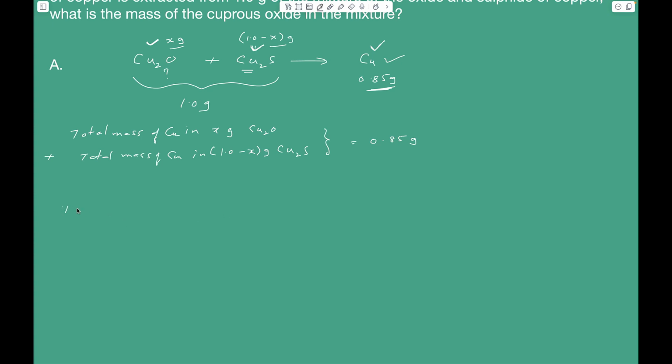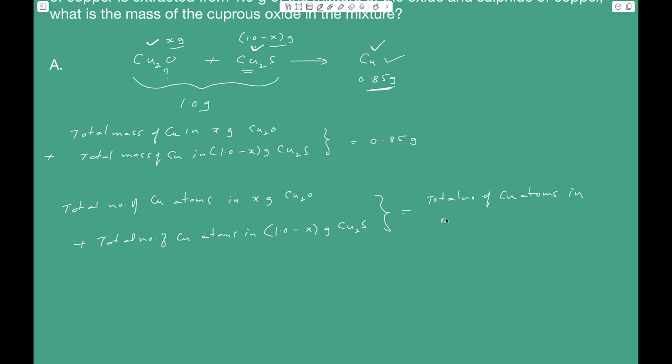That means the total number of copper atoms in x grams of cuprous oxide plus the total number of copper atoms in 1.0 minus x grams of cuprous sulfide must be equal to the total number of copper atoms in 0.85 grams of copper.